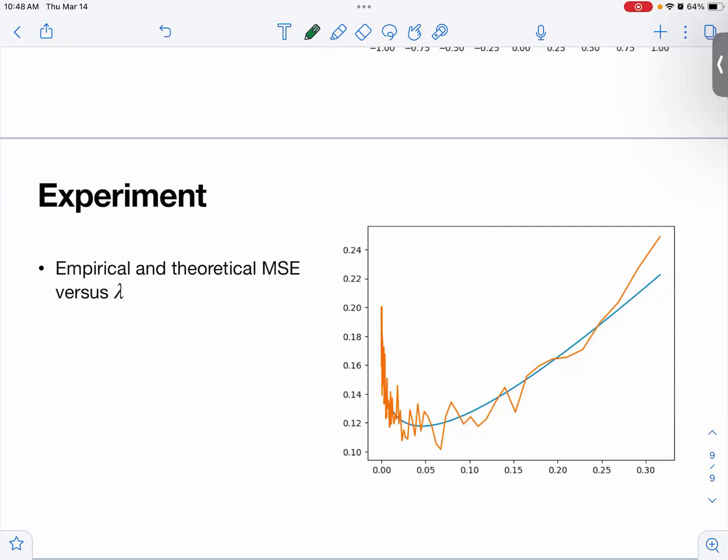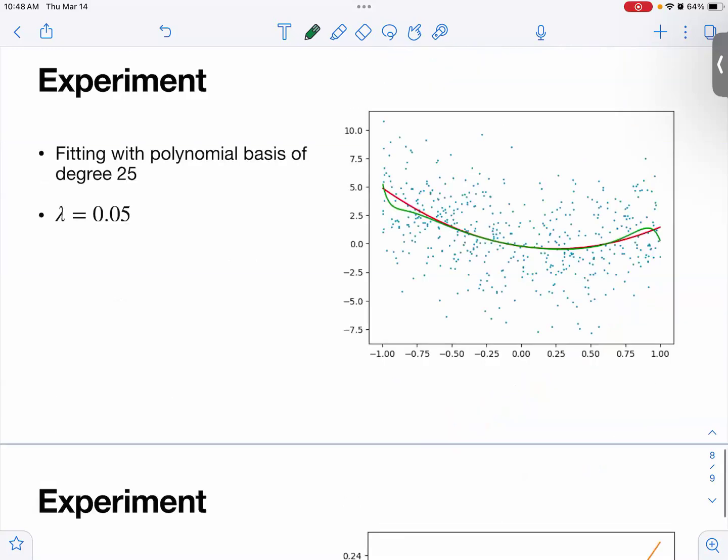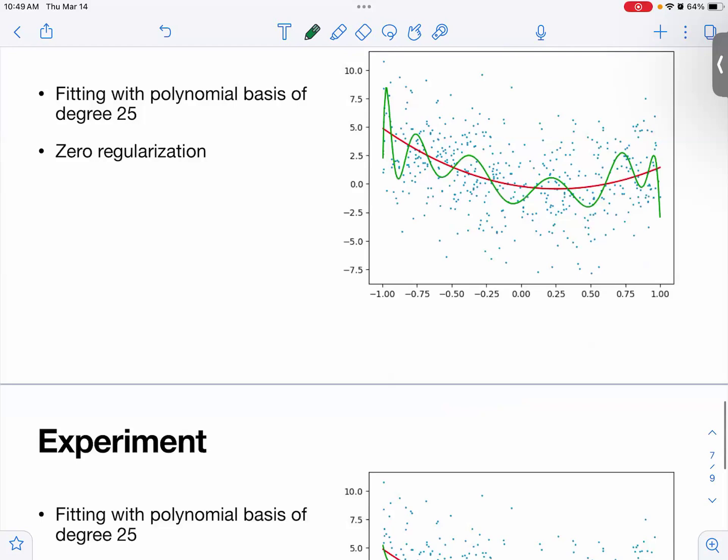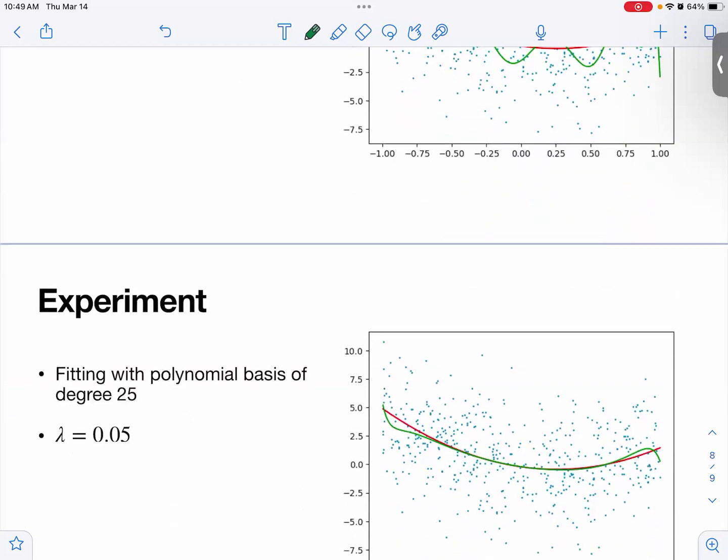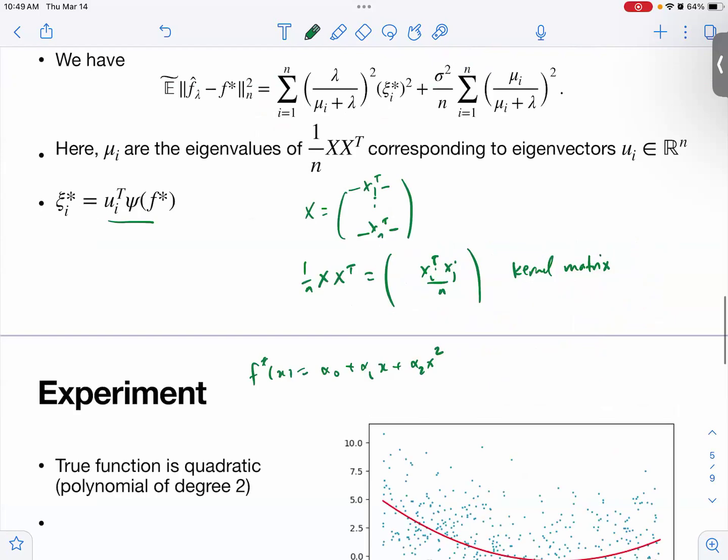This is showing that the theory and the practice match very well, and you can see how regularization allows you to fit these high dimensional models, or models with too many parameters, effectively. So you don't want zero regularization, but a little bit of regularization allows you to do that. And in large language models, etc., there is a regularization of this form going on, which they call weight decay. Effectively, if you do ridge regression, you just add a bit to the gradient.